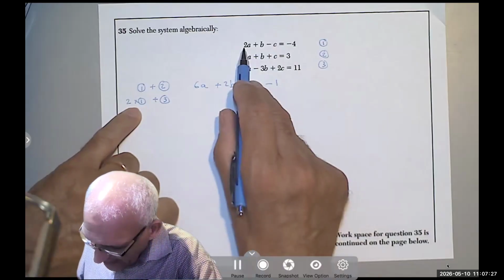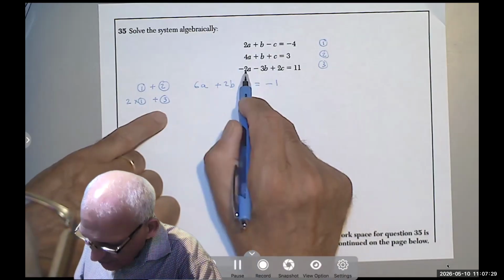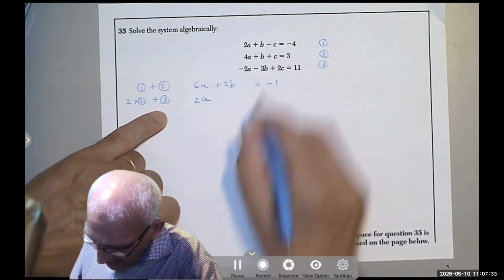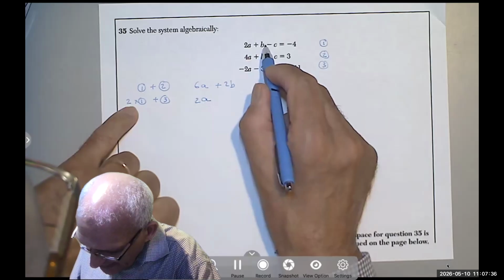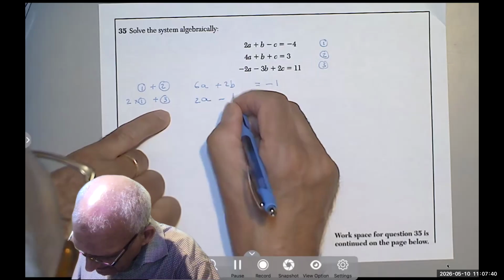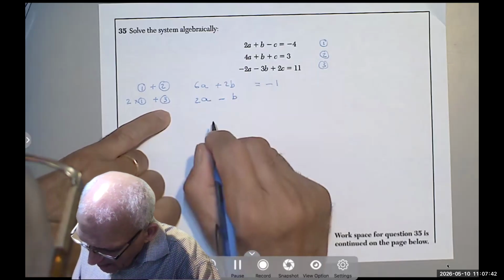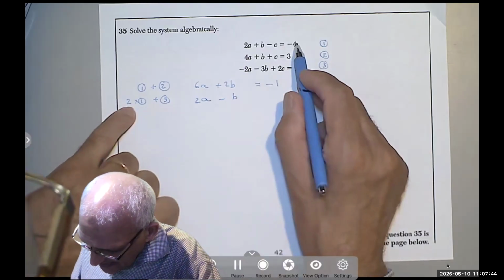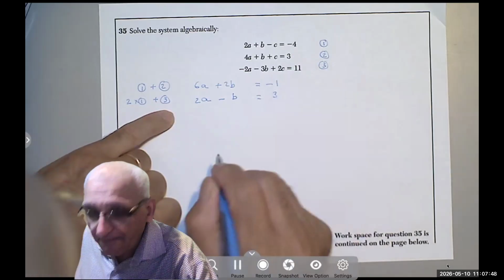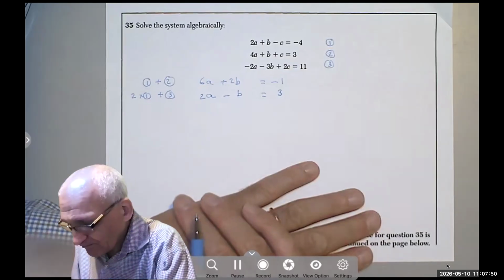Multiply this by 2, I get 4a. Add 3, which is minus 2a, is 2a. Multiply this by 2 is 2b. Minus 3b is negative b. Multiply this by 2 is negative 8, plus 11 is positive 3. Okay?